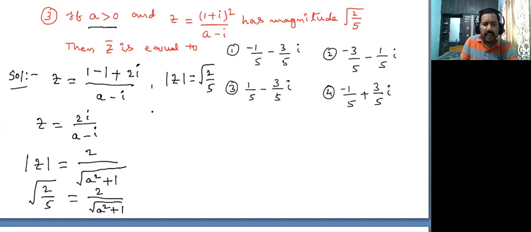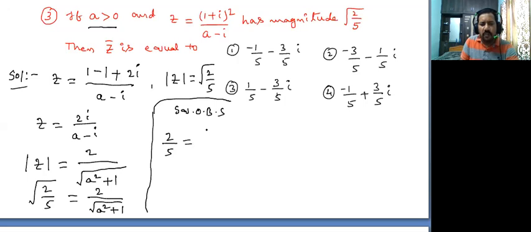Now how to do the calculation? Do squaring on both sides. So what happened? 2 by 5 is equal to 4 divided by (a square plus 1). 2 twos are 4.